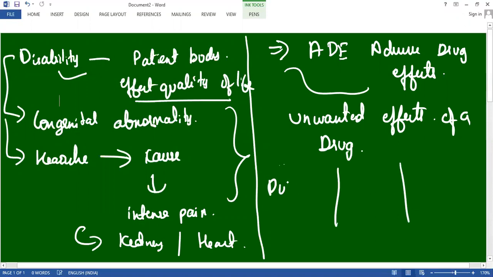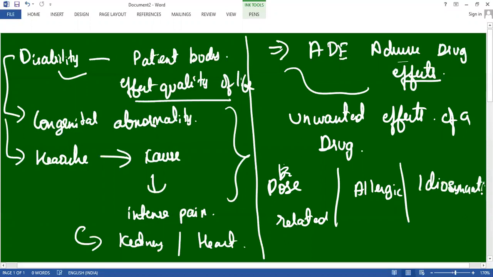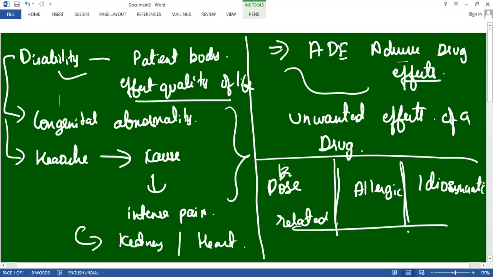This adverse drug effect may be caused by dose related issues, by allergic issues, and the third is the idiosyncratic issue. So these are the 3 types of adverse drug effect. Let us know one by one.